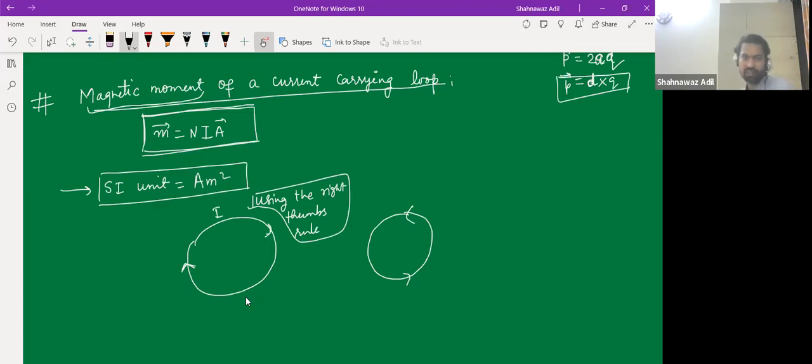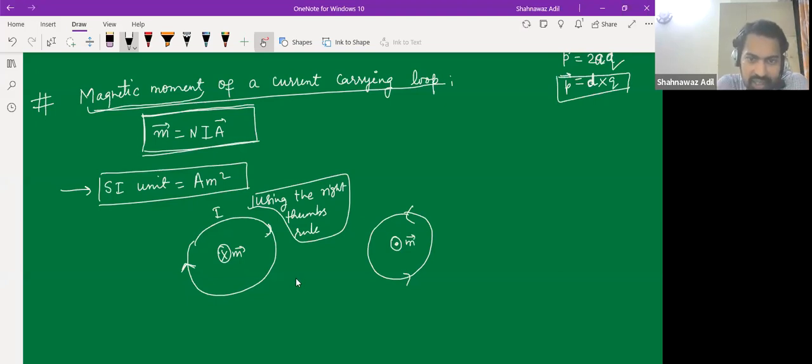Inward, right? So this is inwards. Good. So we have an inward magnetic moment. And in the other case, what would be the direction of magnetic moment? Outwards, right? So this is what we call the magnetic moment.